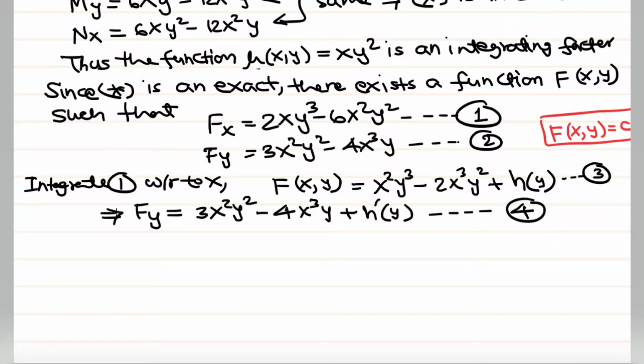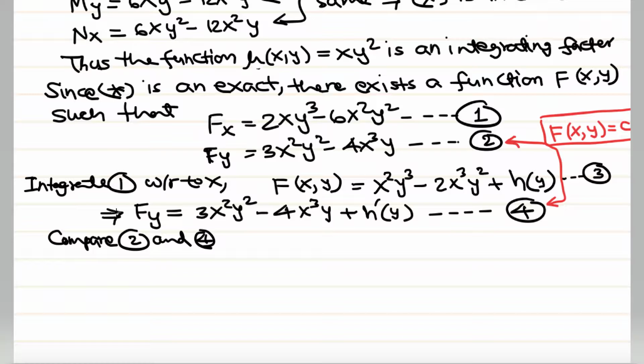Now let's compare 2 and 4, because we are trying to get the value of h, and the solution is given from 3. So compare 2 and 4. f sub y, the left hand sides are the same, and that's by design, because we found the partial of f with respect to y.